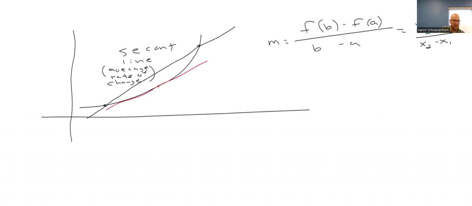The instantaneous rate of change is called the slope of the tangent line. And the formula for that will be the derivative.